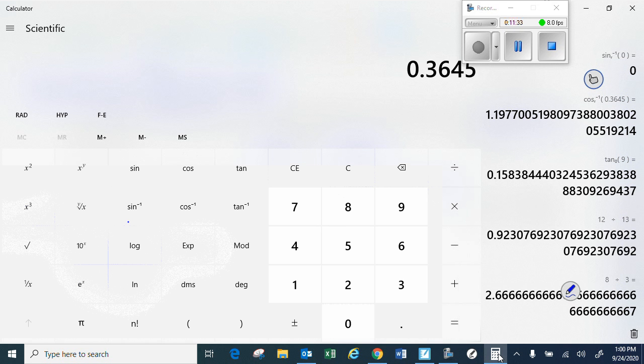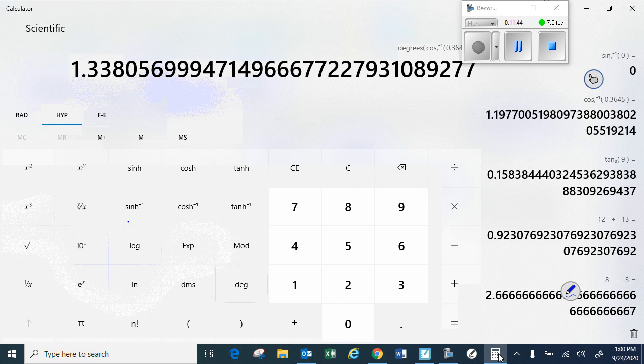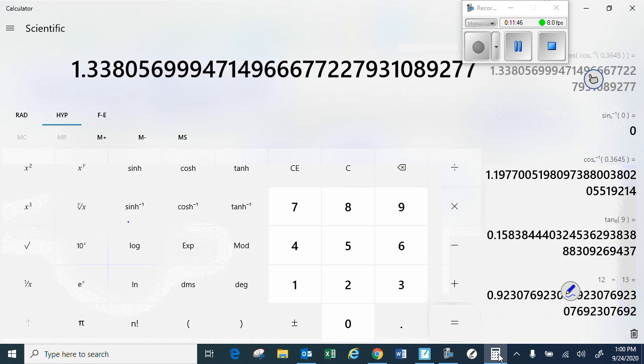0.3645 inverse cosine. See, this answer is like it's in radians, not degrees. That's why I hit degrees to begin with.